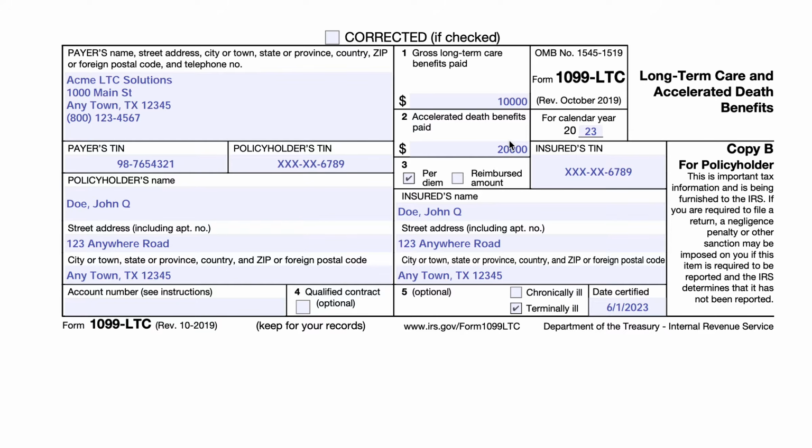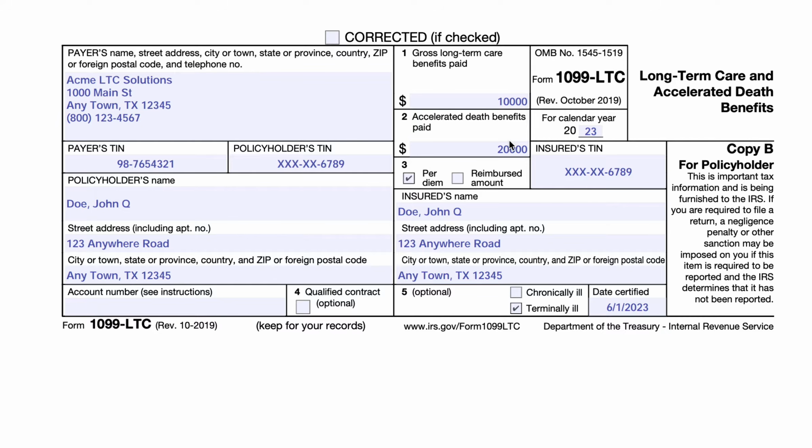So this would also include any amounts paid by a viatical settlement provider for the sale or the assignment of a death benefit under a life insurance contract. Now, the IRS has very specific definitions of all of these terms.